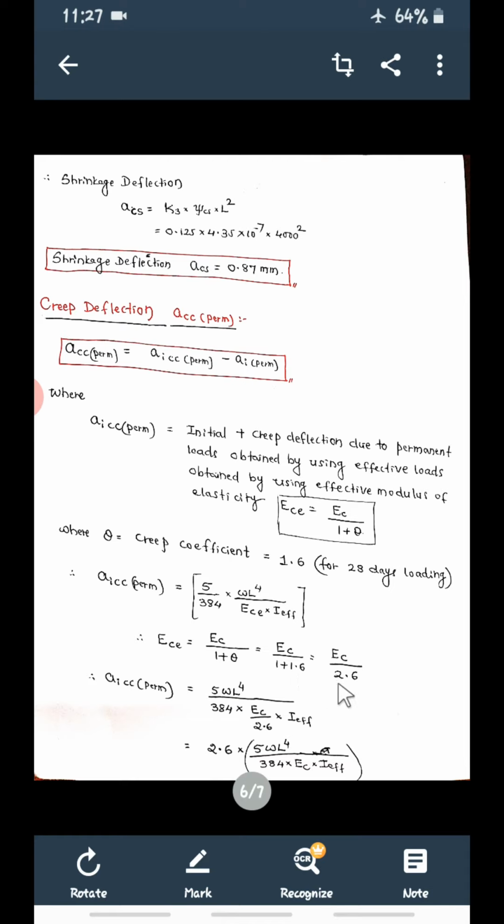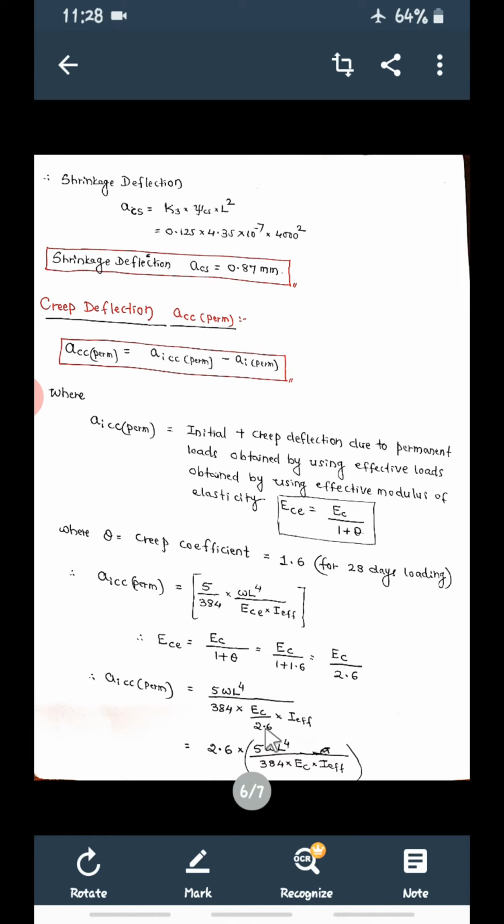So therefore AICC permanent is equal to 5 WL raised to 4 divided by 384 ECE into I effective. So 5 WL raised to 4 divided by 384 into EC by 2.6 into I effective. Already we have calculated this effective moment of inertia.